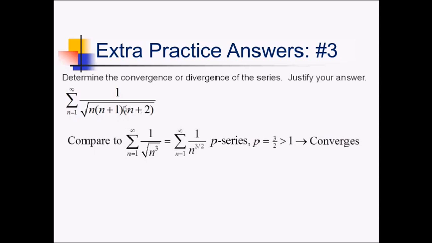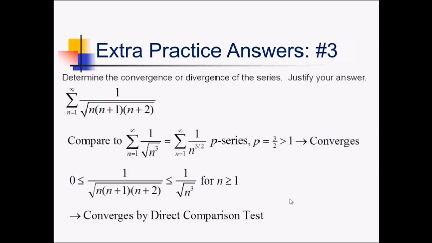So I also have to verify these are both greater than 0. The way I'll write all this then is 0 less than or equal to my smaller series, which is the original here, less than or equal to my comparison series. You could write either one of these. And again, that's going to be true for n values greater than or equal to 1, and we verified this. All right, well, since I have a series that's smaller than a converging series, that means my original series converges by the direct comparison test.